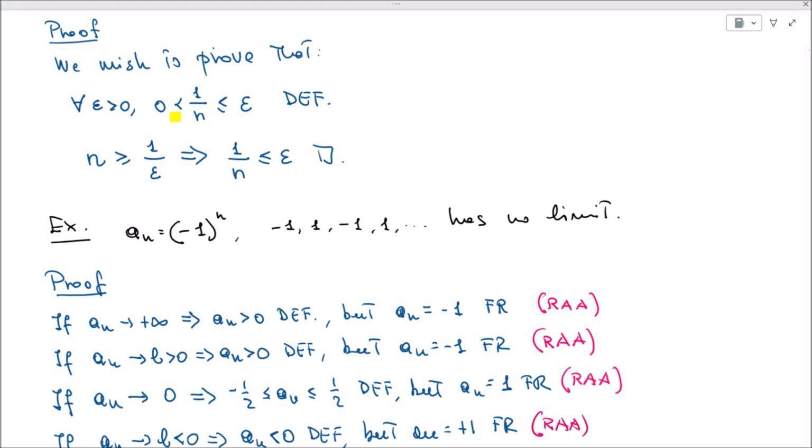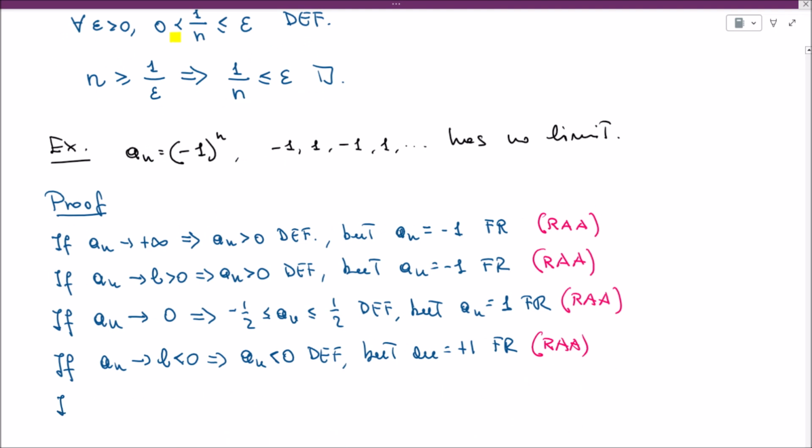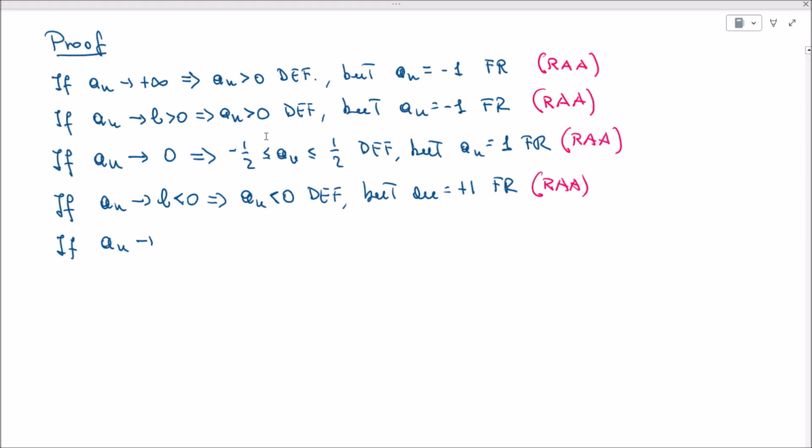The last possibility that we have is that a_n will tend to -infinity, will diverge to -infinity.